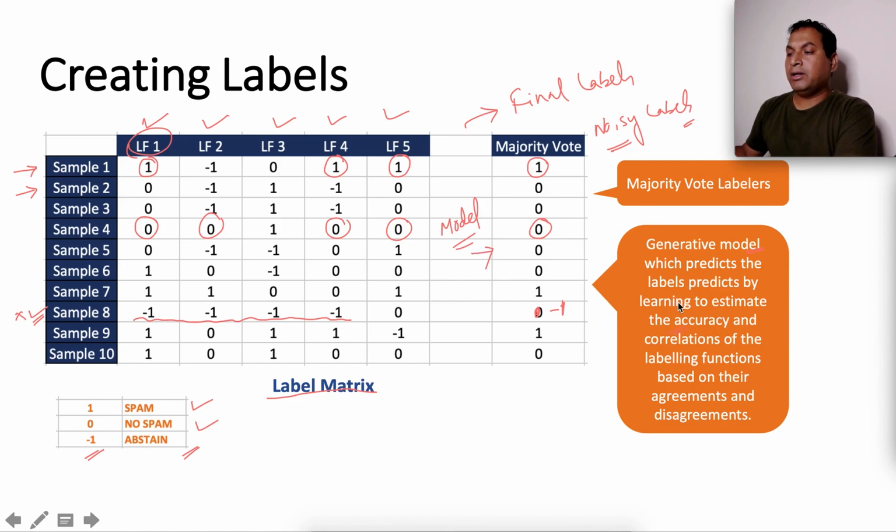So this model can predict these final labels by learning to estimate the accuracy and correlation of the labeling functions based on their agreements and disagreements. So this is of course the most widely used approach to create the noisy labels.